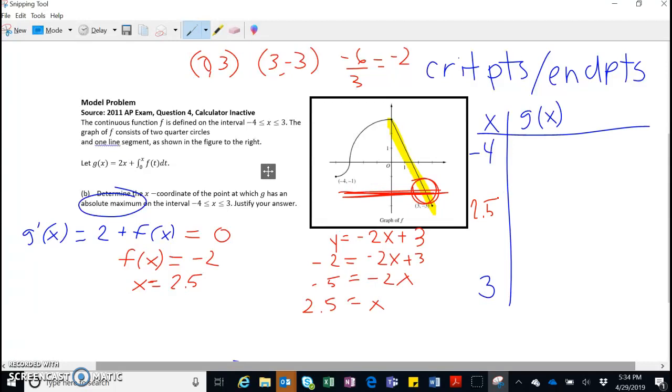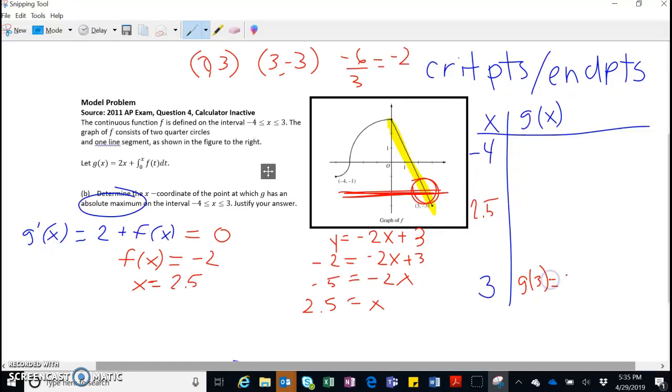Okay, so now what I want to do is take each of these values and see if I can identify what the output is on our original graph at these 3 points. So let's see. We'll start with the bottom, and we'll try and find g of 3.